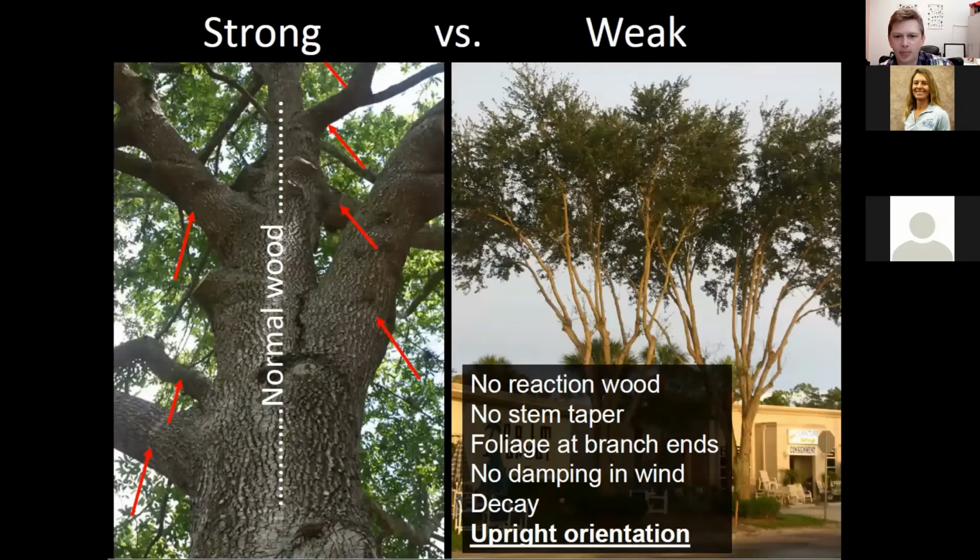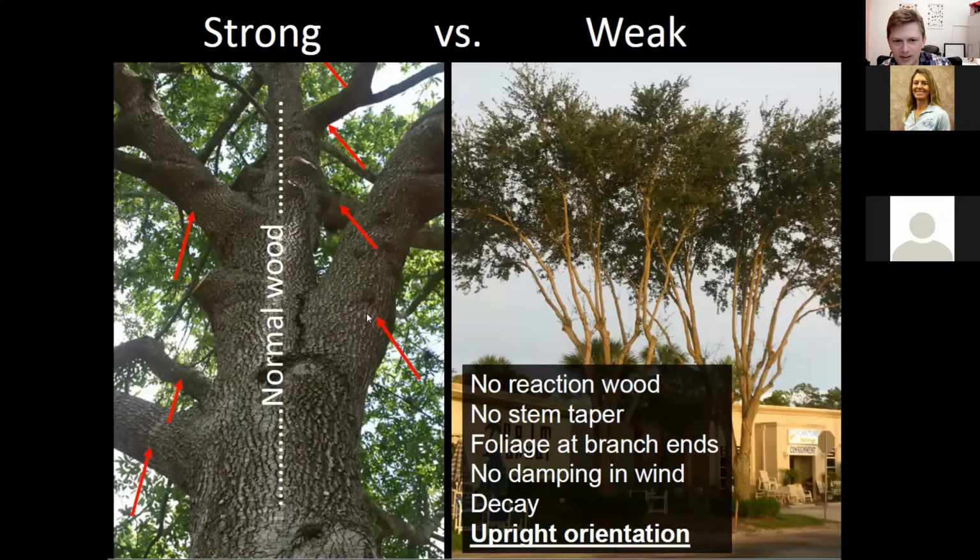So there is a way to deal with this. If you grow some of these live oaks or other trees that have more of this decurrent or circular form, you can train them to an extent to have a central leader. As you can see here, here's a live oak that they've pruned to have a central leader.